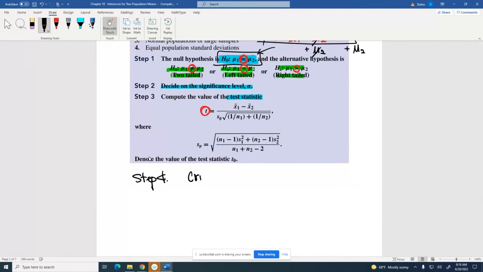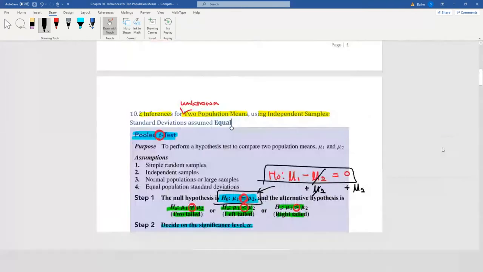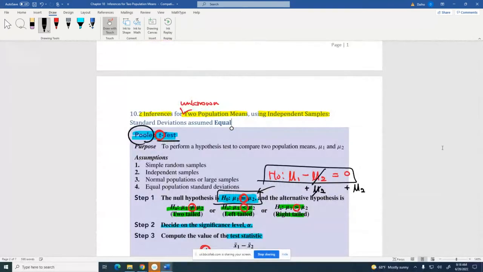It's a critical value approach. So we are going to take the critical value from the t-table because it is a t-test. Remember, what was the name of the procedure? Pooled t-test, right?